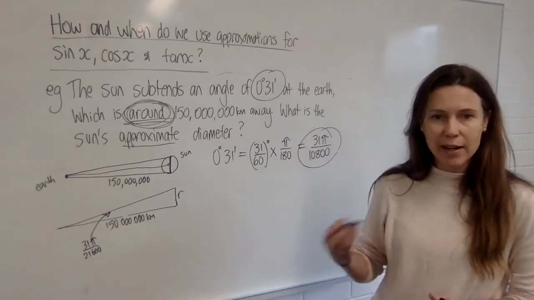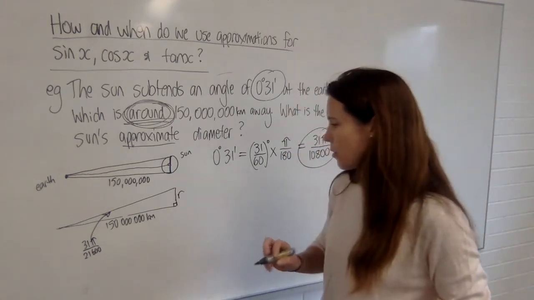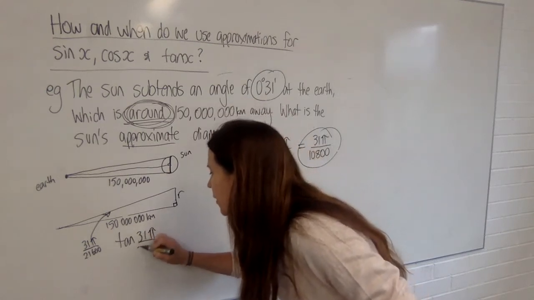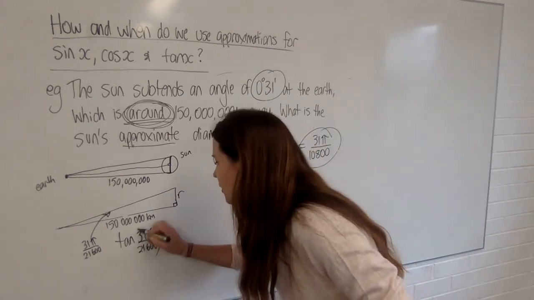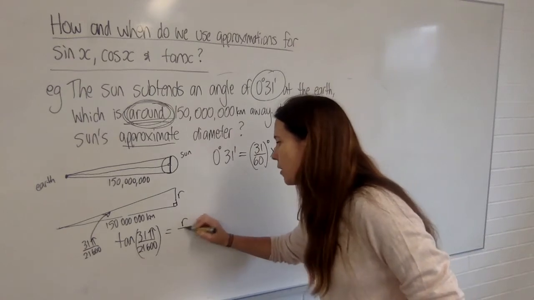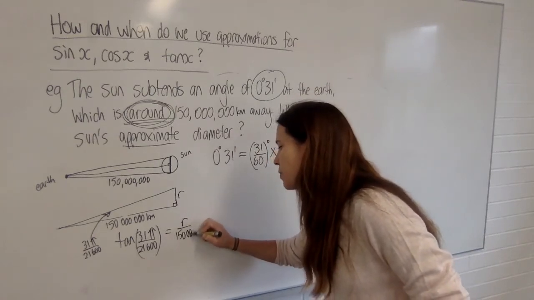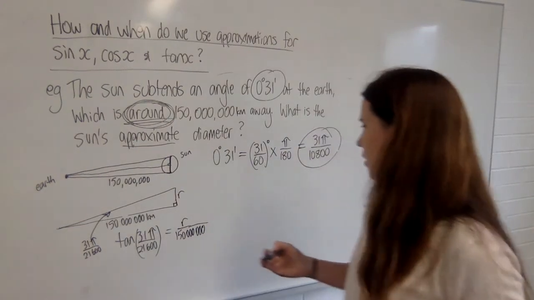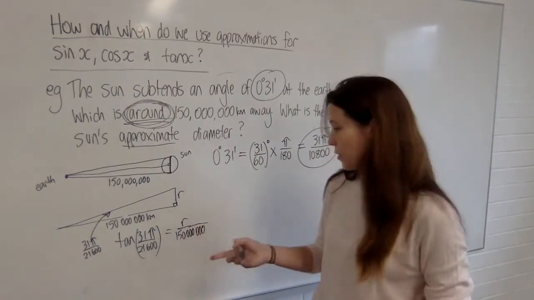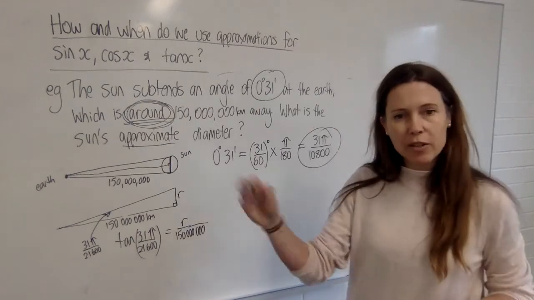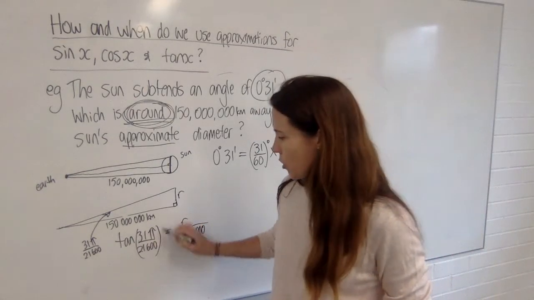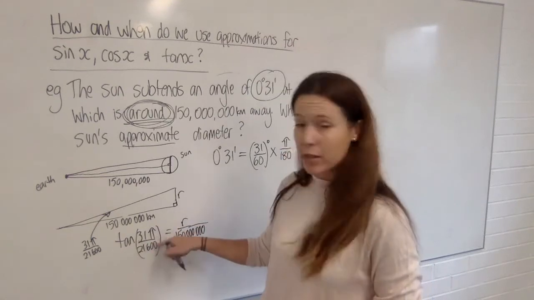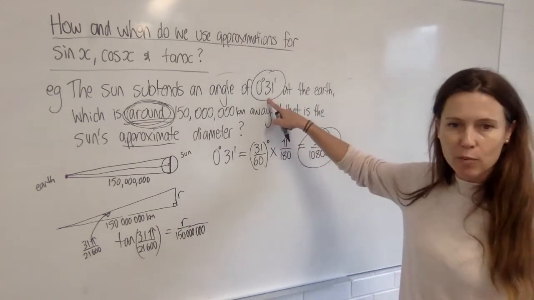Now we can use our right angled trig on this, because this is a right angled triangle. So we can say that the tan of 31 pi over 21,600 is equal to r over 150 million. How do we get r by itself? We multiply both sides by 150 million. As we do that, we're going to use the approximation that the tan of this number is very close to the number itself, because clearly we have a very small angle.